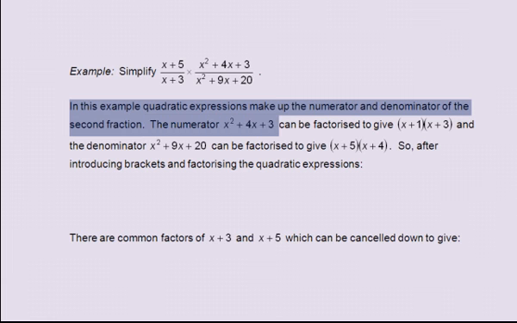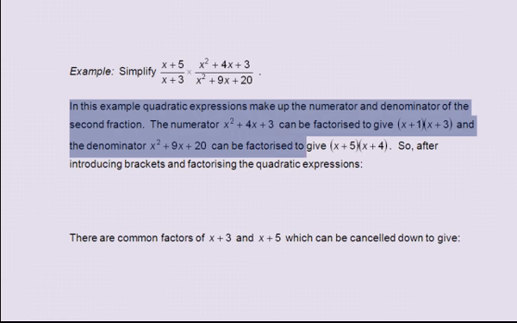The numerator, x squared plus 4x plus 3, can be factorised to give (x plus 1) in brackets multiplied by (x plus 3) in brackets. And the denominator, x squared plus 9x plus 20, can be factorised to give (x plus 5) in brackets multiplied by (x plus 4) in brackets.